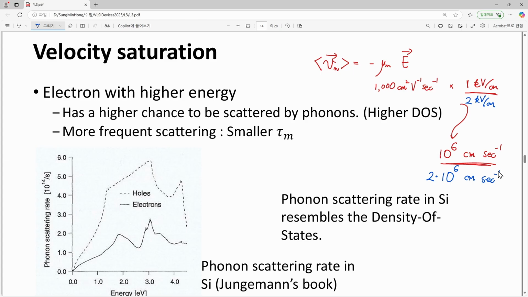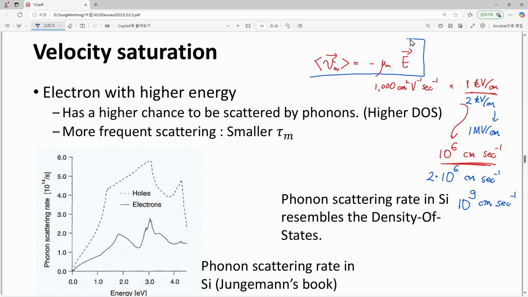Yes, it's true, but if we go to even higher and higher electric field, then what will happen? For example, if we apply 1 megavolt per centimeter, then do we really have 10 to the 9 centimeter per second as an electron velocity? Actually not.